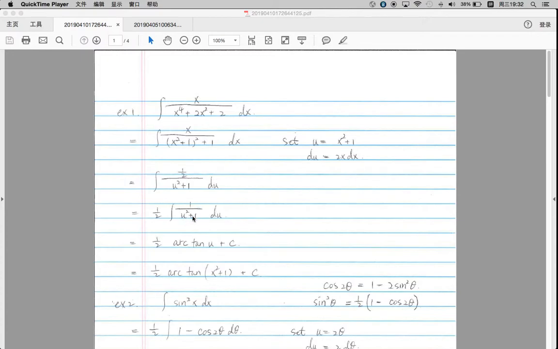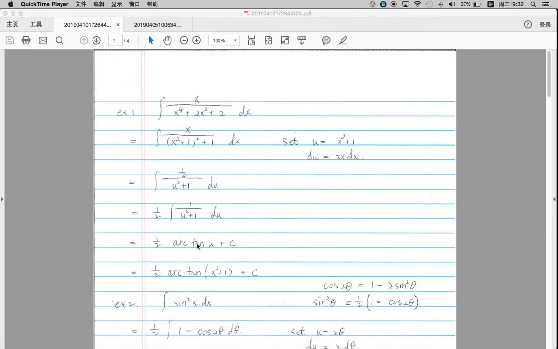If you see u squared plus 1, that is just arctangent. Arctangent is the inverse of tangent. For tangent, you input an angle into this kind of function, and then it will return a number.